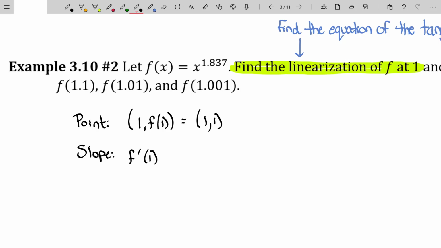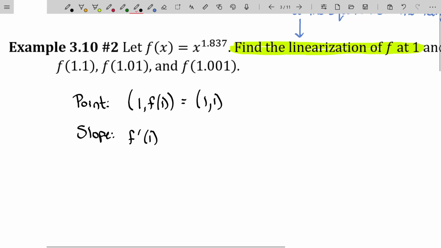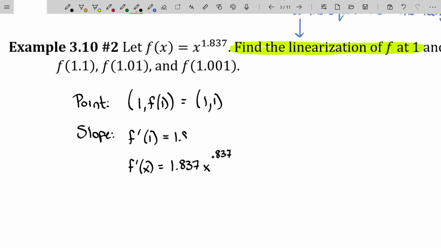The slope of your tangent line at 1 will be f prime at 1. So let's find out what f prime is first, and then we'll plug in 1. You bring down the power, 1.837. Reduce the power by 1, and that is our derivative. And of course, that implies that f prime at 1 is 1.837.